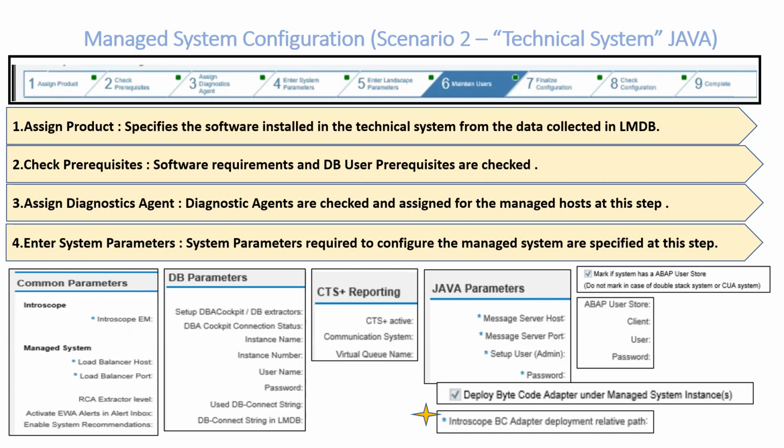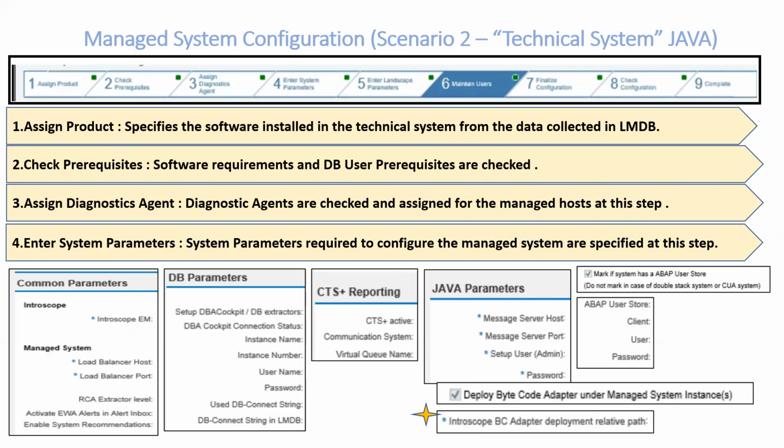Since Java systems include the bytecode adapter step, we need to specify the bytecode adapter deployment relative path for the managed systems. If the system has an ABAP user store, we need to specify the ABAP user store, client, username, and the password.